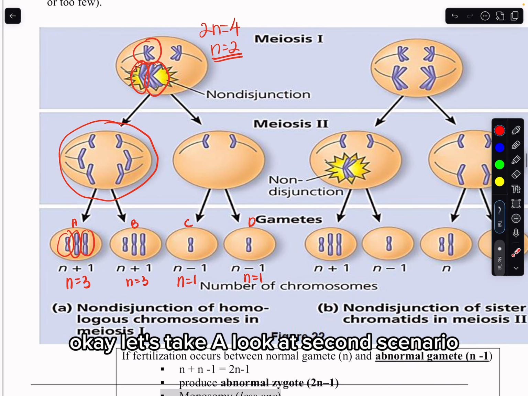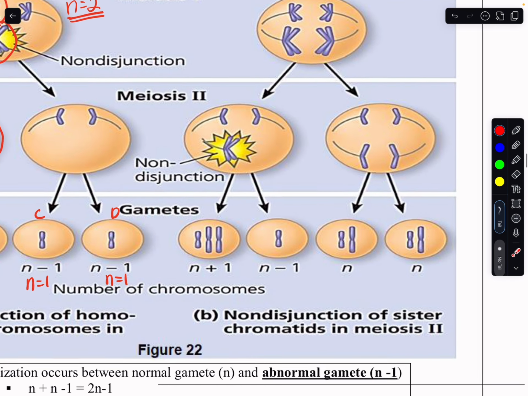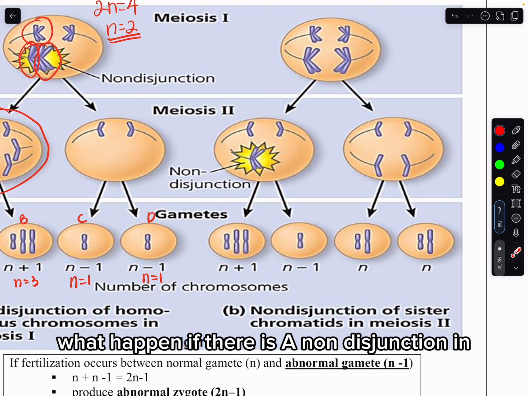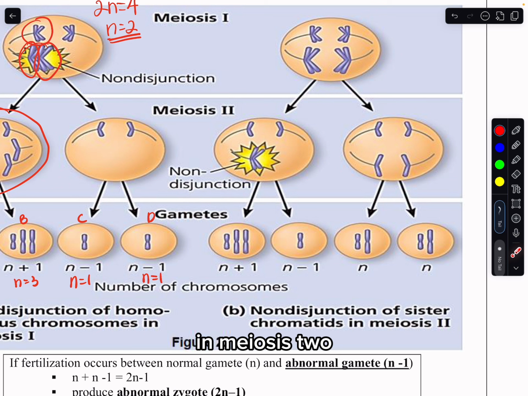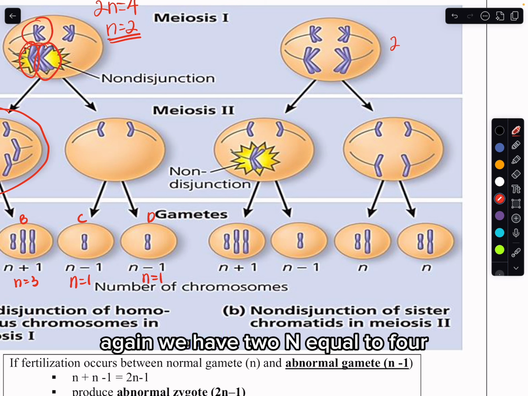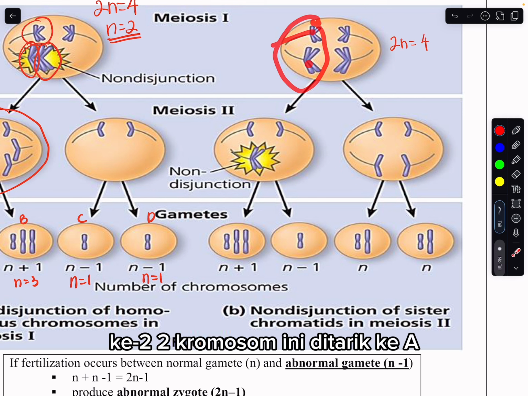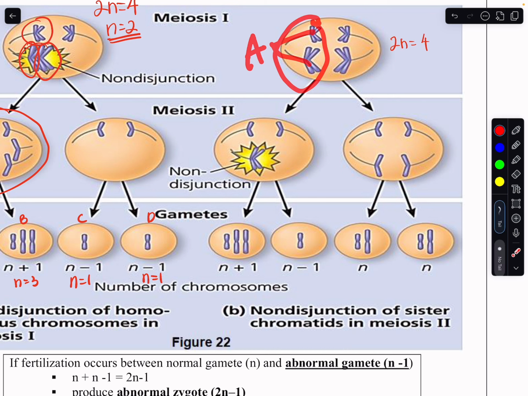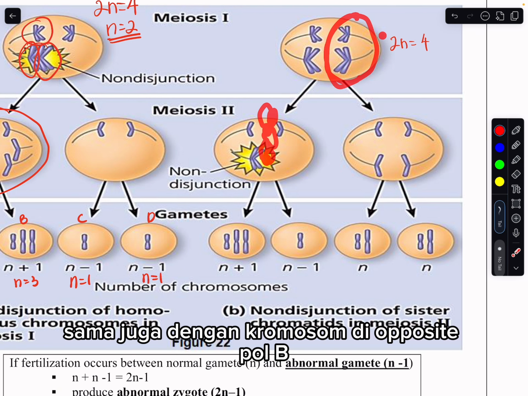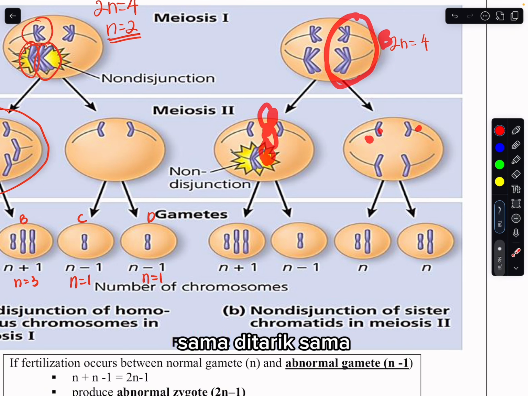Okay. Let's take a look at second scenario. At second scenario, what happen if there is a nondisjunction in meiosis 2? So, for this one, look at this. Again, we have 2n equal to 4. Kedua-dua kromosom ini ditarik ke A. So, kita ada cukuplah 1, 2, cukup. Sama juga dengan kromosom di opposite pole B. Sama, ditarik sama.